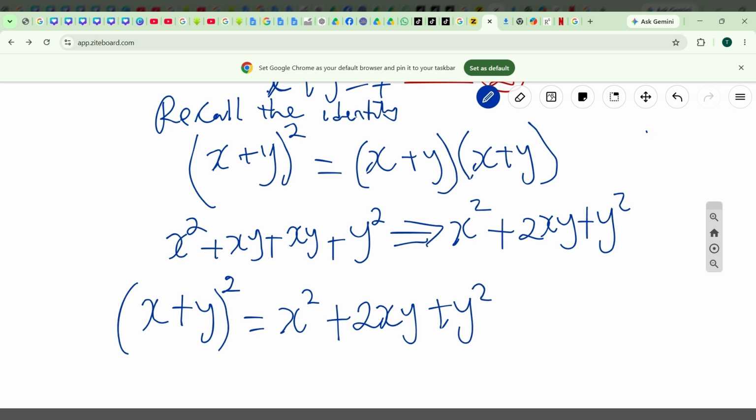This is what x plus y squared is. It's x squared plus 2xy plus y squared.